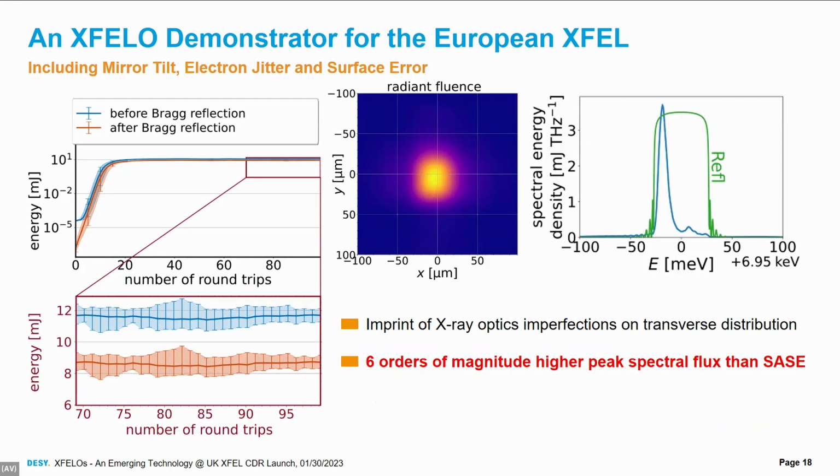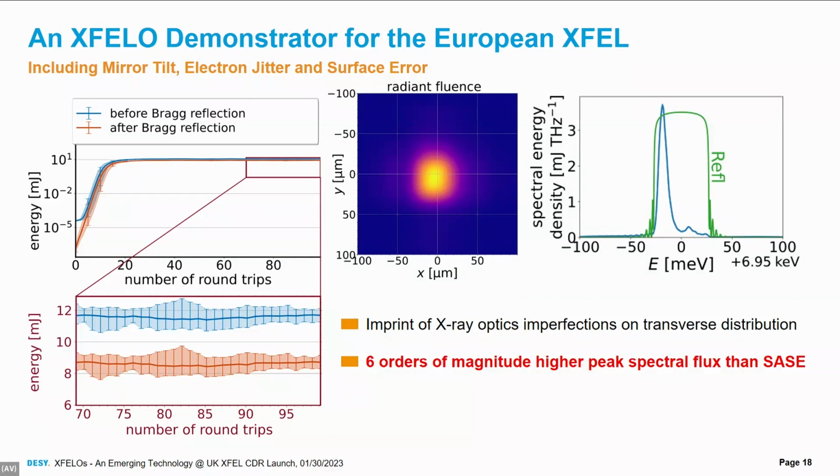On the left side we see the energy evolution: we saturate after only roughly 20 round trips at 7 keV and 4 undulator cells, and store inside the cavity up to 12 millijoule pulse energy. So this is quite impressive, actually.